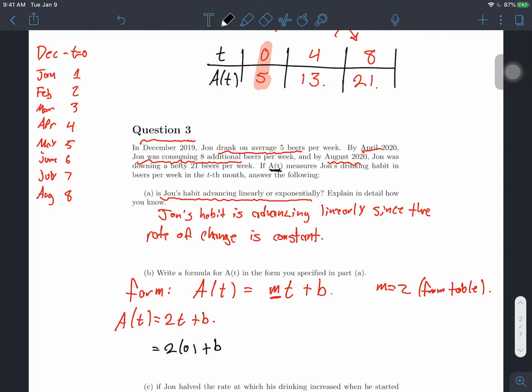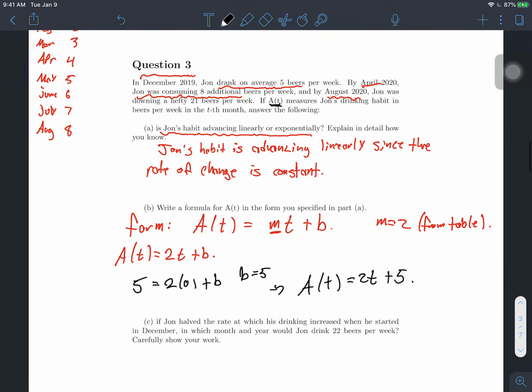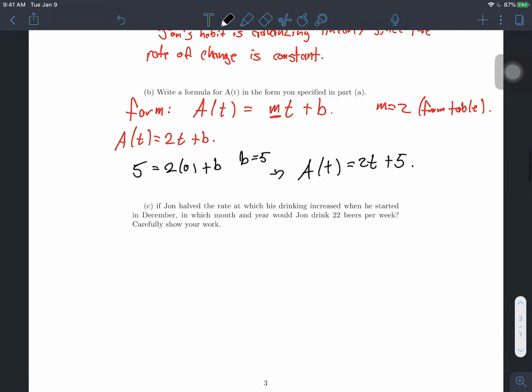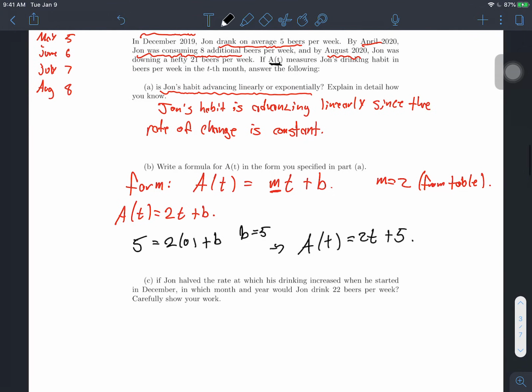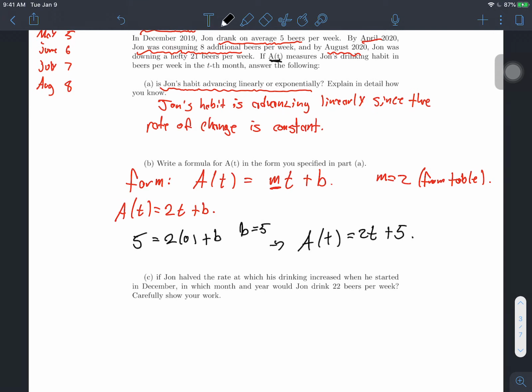Well, when t is 0, a of t should be 5. So I get b equals 5. So this is telling me that my formula should be a of t equals 2t plus 5. So that's how I figured out the equation for this problem.